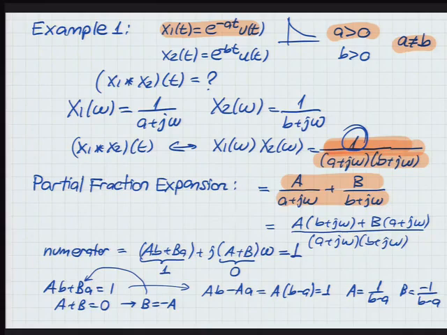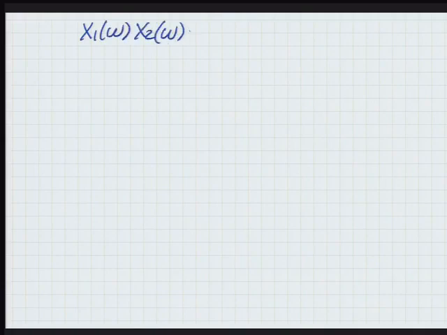All right? So what did I gain from partial fraction expansion? I made the product look prettier. I made it look like a sum, right? So now I know, using these coefficients, that the product X1(omega) X2(omega) is, what was the A? 1 over b minus a or a minus b? b minus a times 1 over a plus j omega.